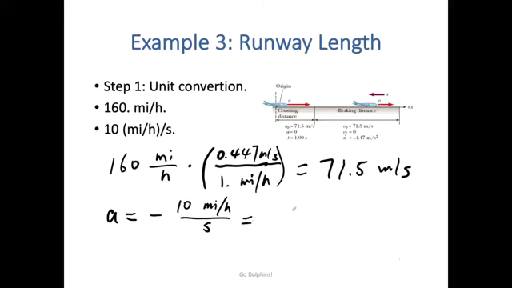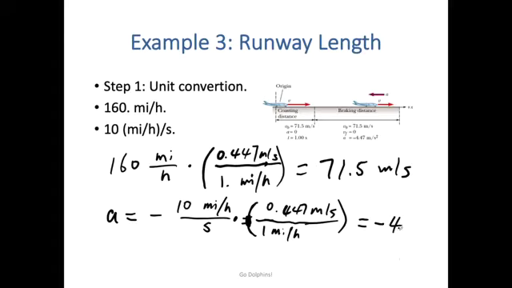We need to convert 10 miles per hour to meter per second. So we need to multiply, what is 1 mile per hour equal to, and the acceleration actually is 4.47 meter per second squared.